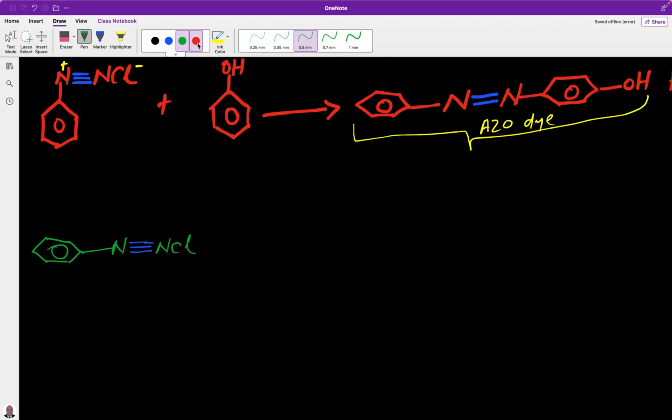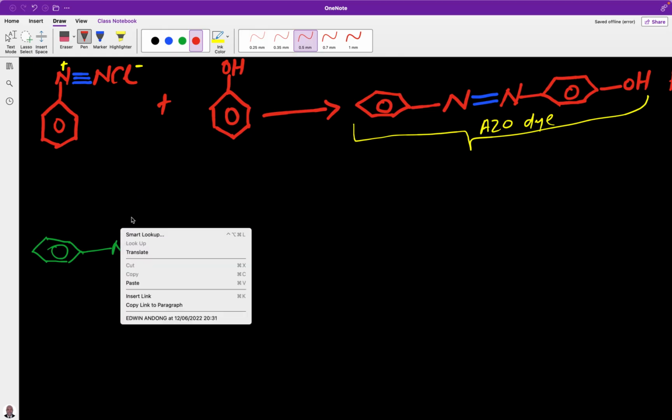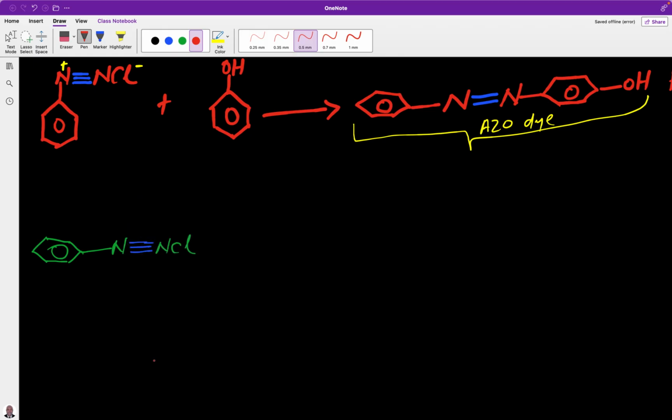There is a plus here. There is a minus here. And it should be recalled that there is a movement of electrons here, because there is going to be a heterolytic fission.